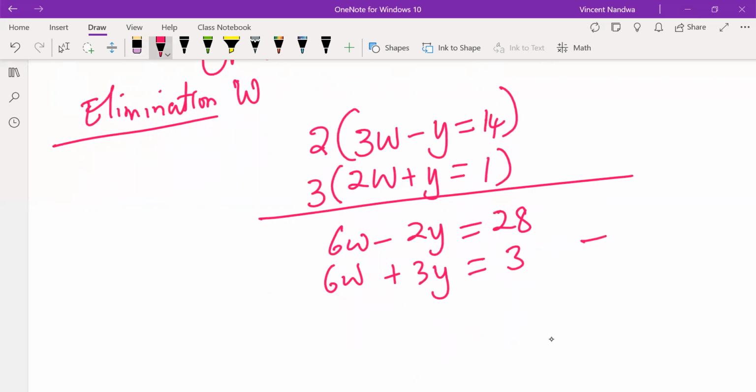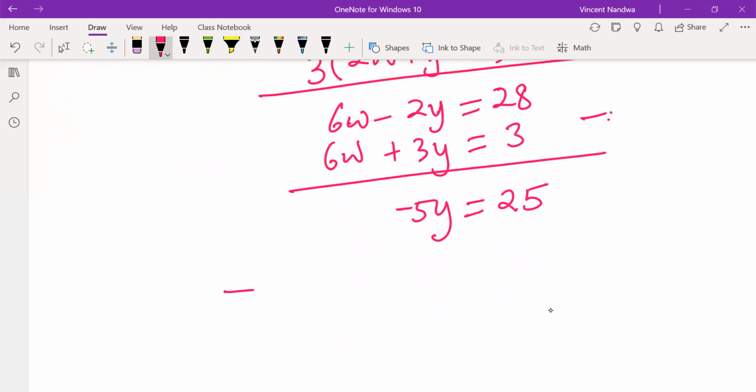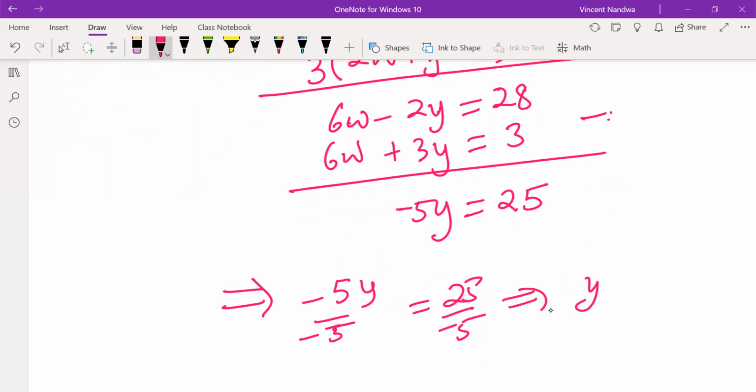So 6w minus 6w is 0, and then minus 2y minus 3y is minus 5y. 28 minus 3 is 25. So to get y, you divide through by minus 5, which implies y equals minus 5.